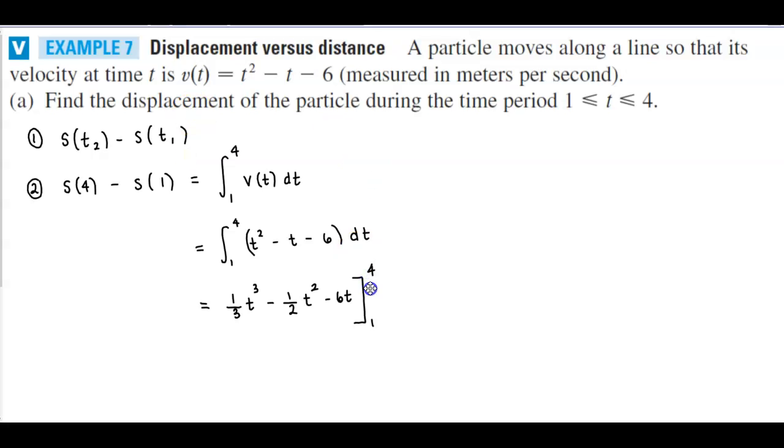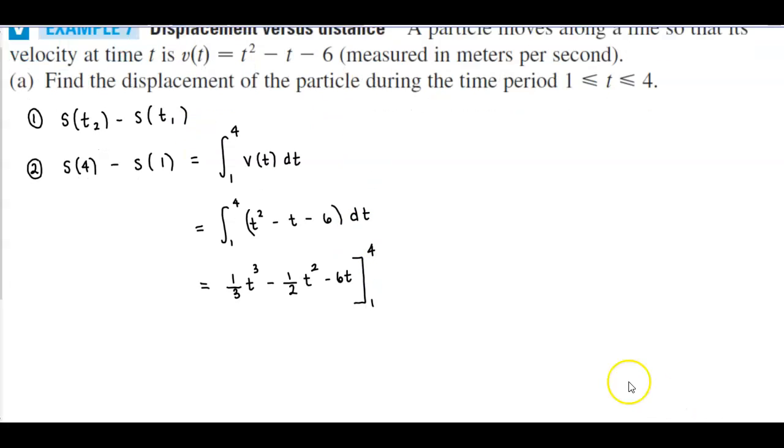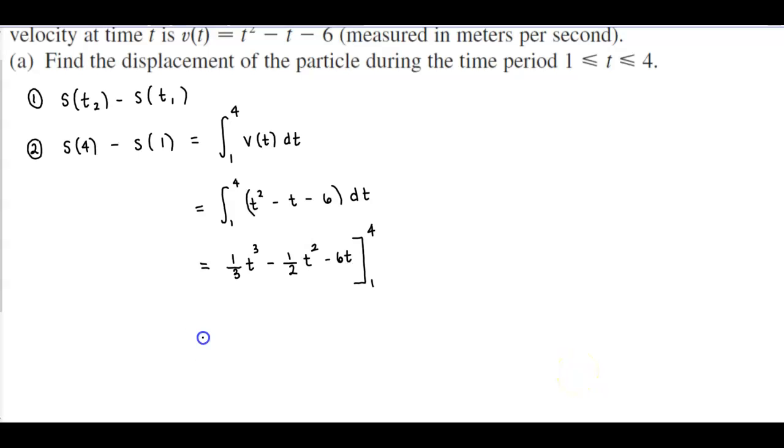Sorry, the integral. Okay, so now we're going to plug in the value of 4. So we have 4 cubed over 3 minus 4 squared over 2 minus 6 times 4.